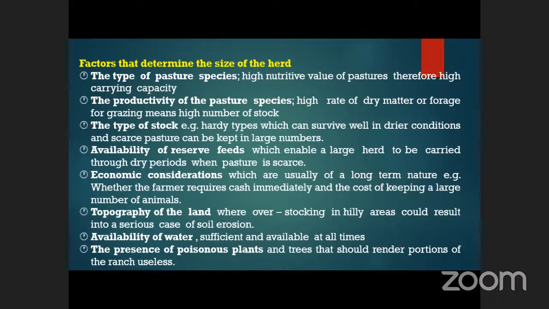Productivity of pasture, if pasture is able to regenerate, to grow very fast after being eaten, okay? Because when grass is destroyed after being eaten, it has to grow back those parts. The faster it regenerates and brings more leaves, the better, because the cows will be having what to eat.